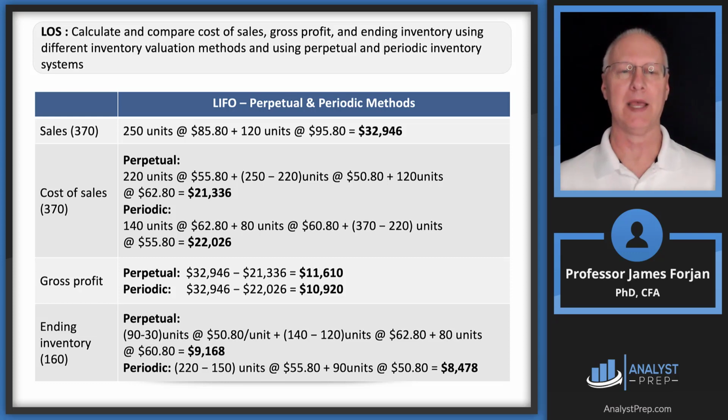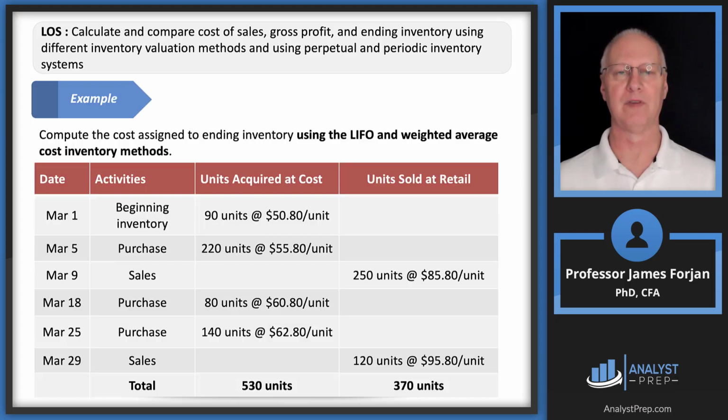Now, remember back in time value of money, we originally discussed discrete compounding, and then we added continuous compounding. Well, the inventory valuation methods do something very similar. The perpetual method is like continuous compounding. Let me go back to our previous slide.